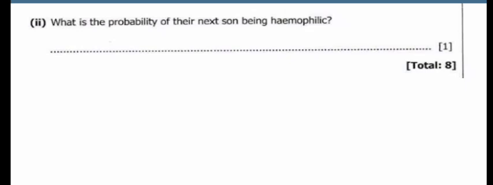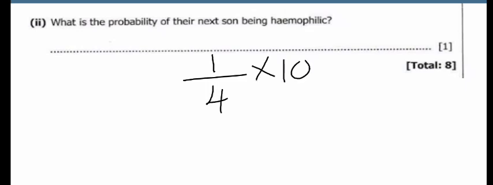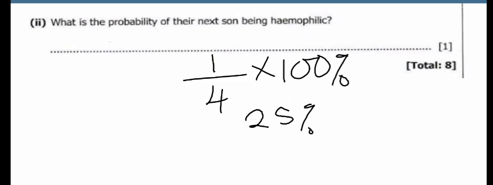So what we are going to do here, we are going to say one son who is hemophilic, but how many offspring do we have? We have 4, multiplied by 100%. Then when we do the computation here, we are going to get the answer, which is going to be 25%.